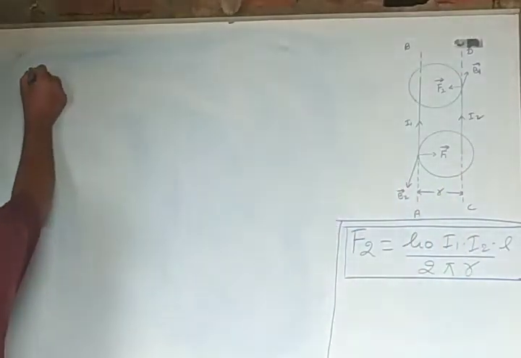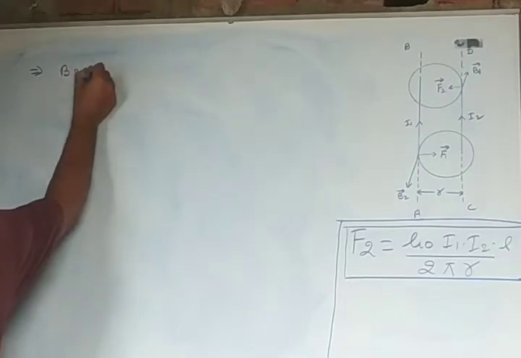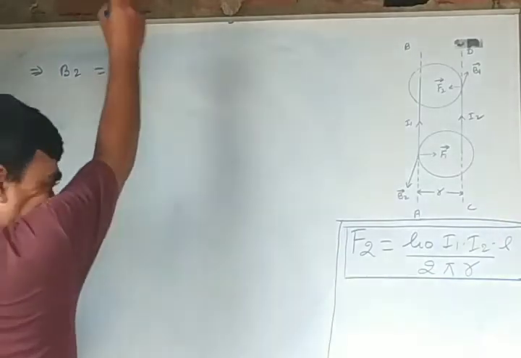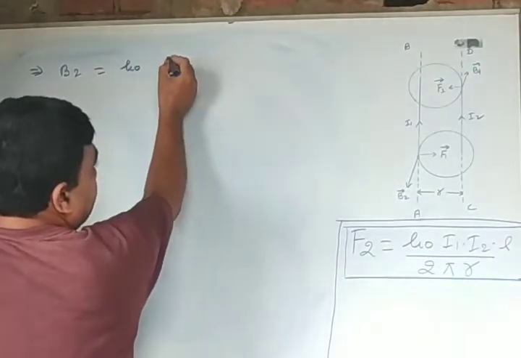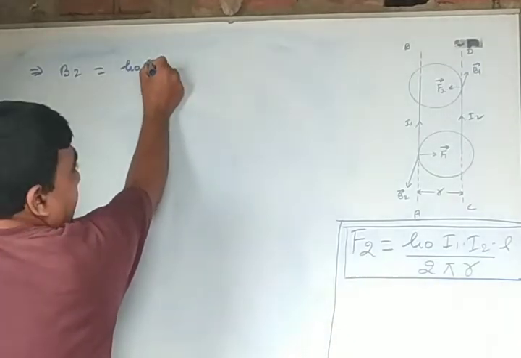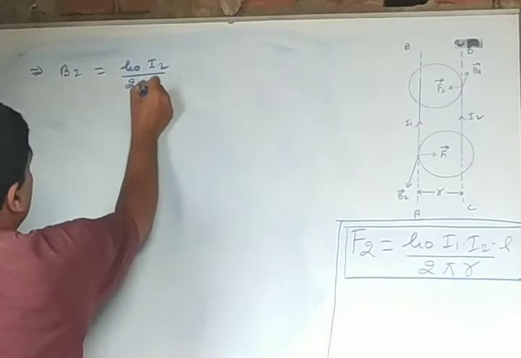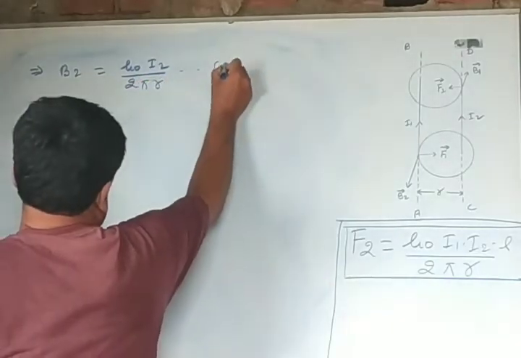That implies B2 is equal to mu naught I2 upon 2 pi r. This is equation 2.